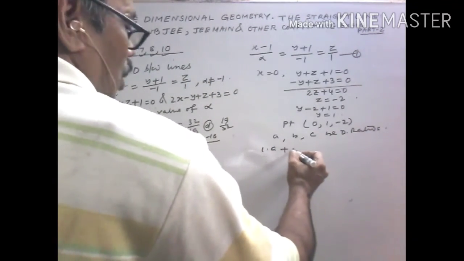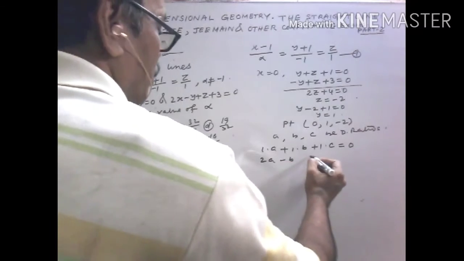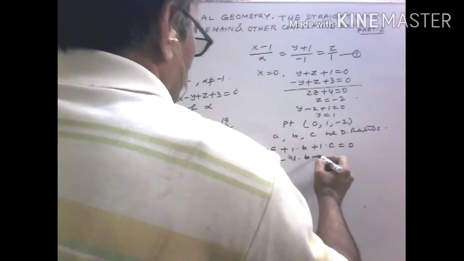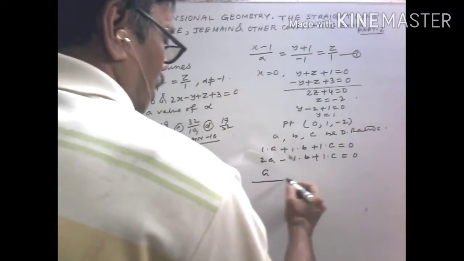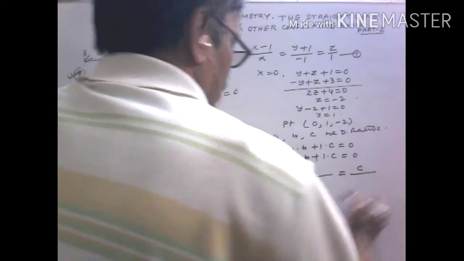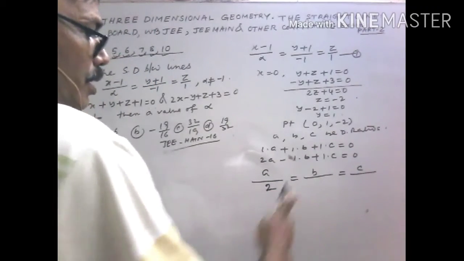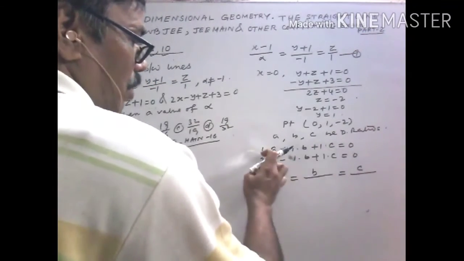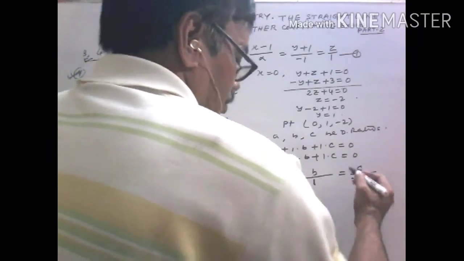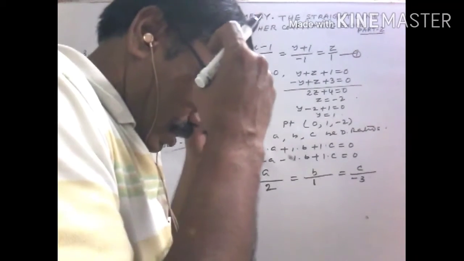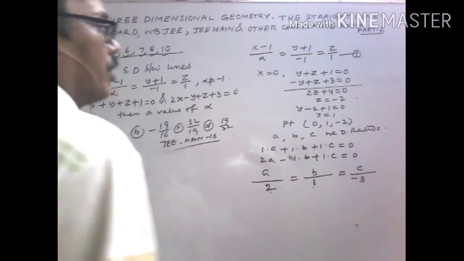Therefore, 1 into A plus 1 into B plus 1 into C equals 0, and 2A minus B plus C equals 0. By the method of cross multiplication, A by 2, B by 1, C by minus 3. So the d ratios of the line are 2, 1, minus 3.